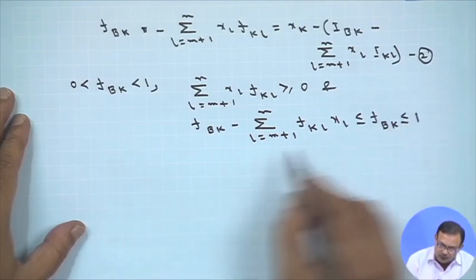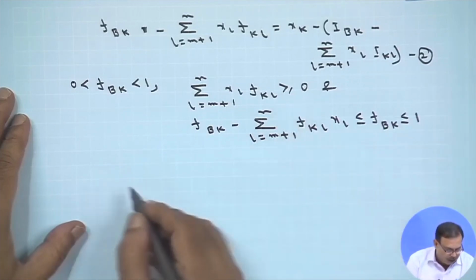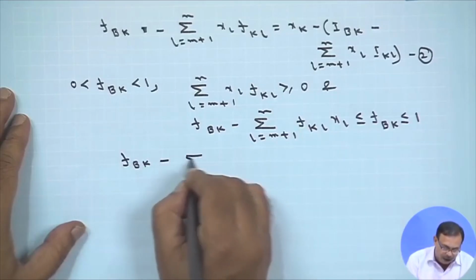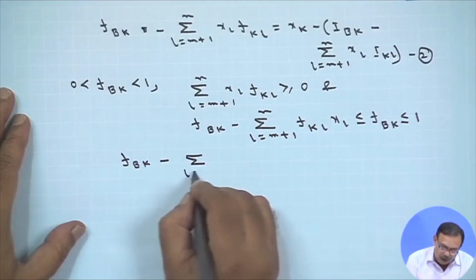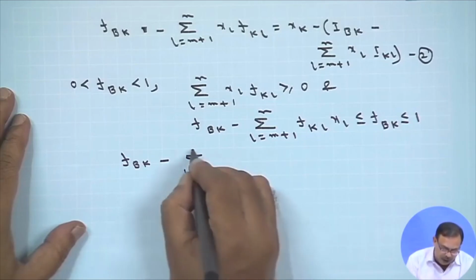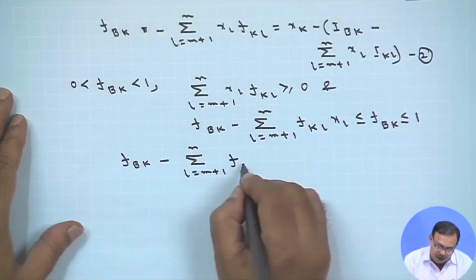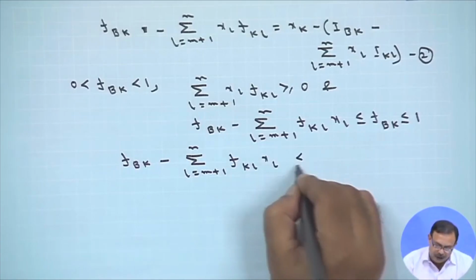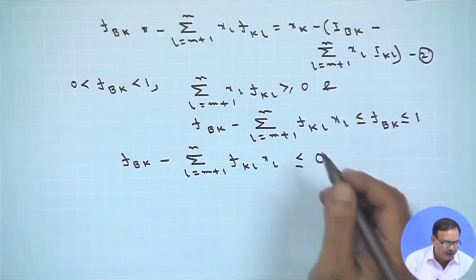So, using these two conditions, we can write down f of BK minus summation L equals m plus 1 to n f of KL into XL, this should be less than equal to 0.